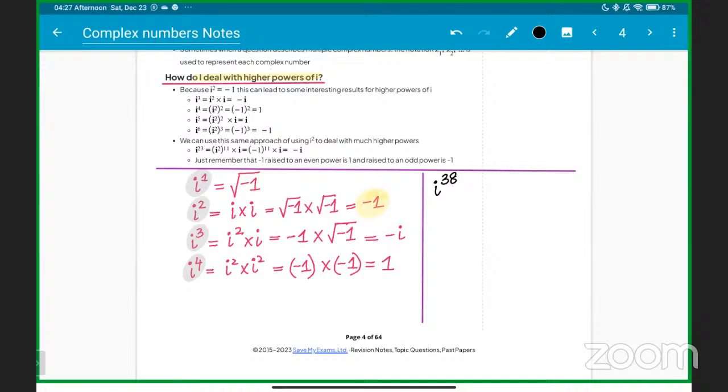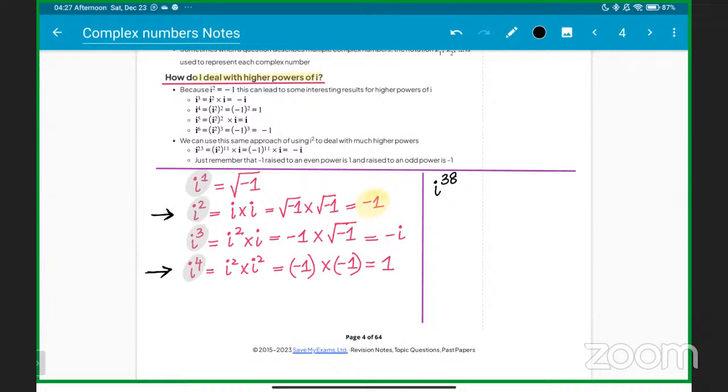So first tell me, is it an even number or an odd number? 38 is an even number. So an even number means either the answer will be whatever the answer is of i square, or whatever the answer is of i power 4.